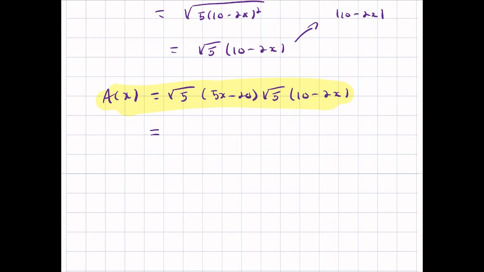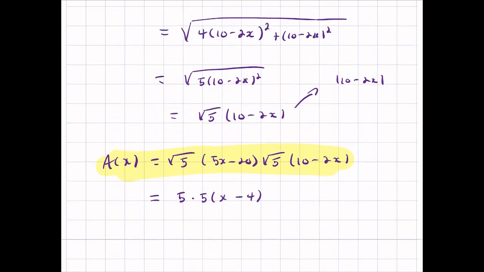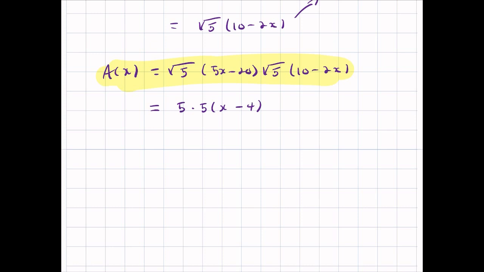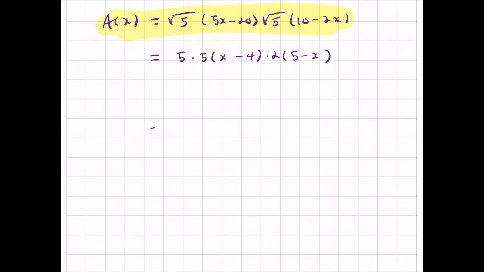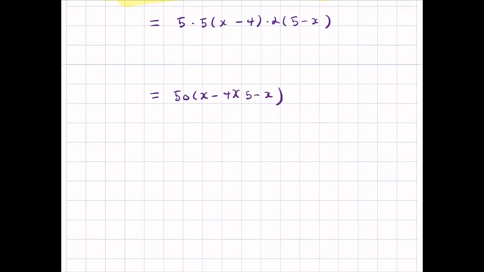First I multiplied these root 5s together, we get a 5, and then from the 5x minus 20 I'll factor out a 5 and make this x minus 4, and from the 10 minus 2x I'll factor out a 2 and make this 5 minus x. And this, of course, is going to be 5 times 2, which is 50, times x minus 4 times 5 minus x. And now this is the area as a function of x.